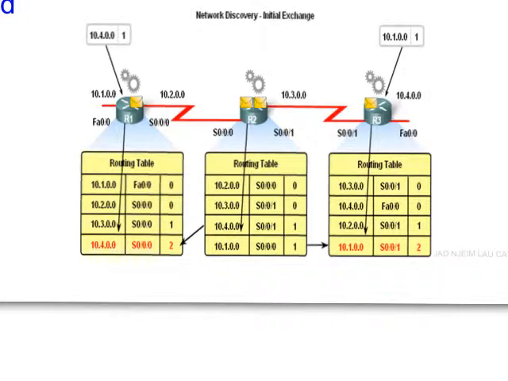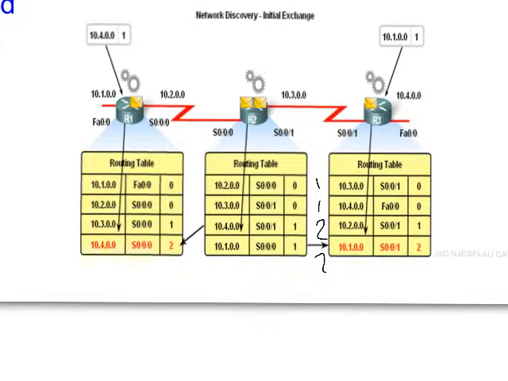It turns out that R3 does not have any new information for R2, and R1 does not have any new information for R2, but the good news is R2 has new information for both. So when R2 sends the update, it should blindly increment the cost of this to 1, the cost of this to 1, the cost of this to 2, the cost of this to 2.